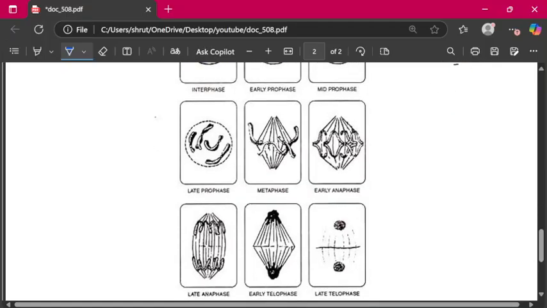Then in the case of metaphase, they come to the equatorial plane, and in the prophase there is a disintegration of this nuclear envelope. So what is this? This is the nuclear envelope, and here it disintegrates.